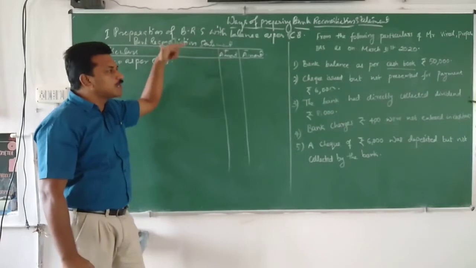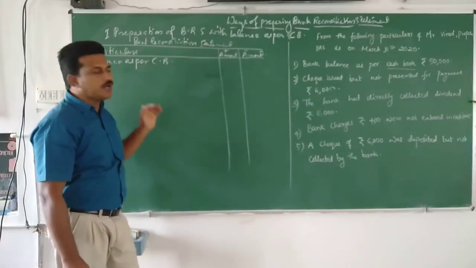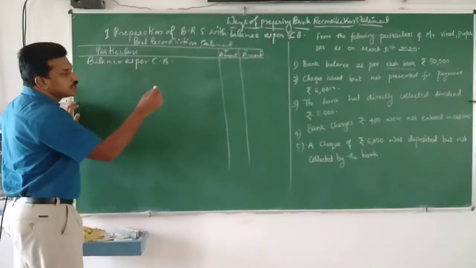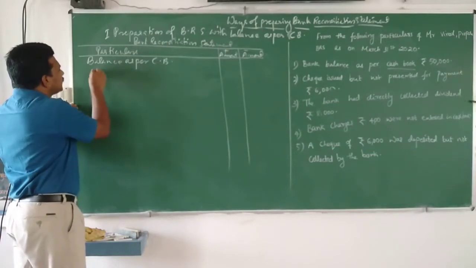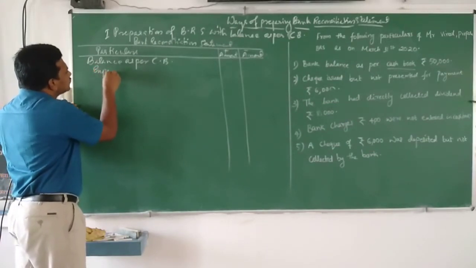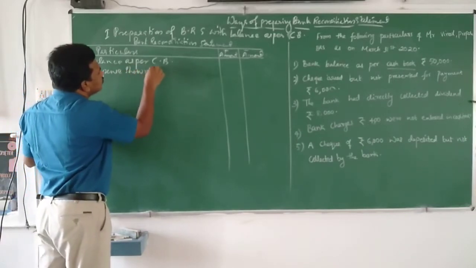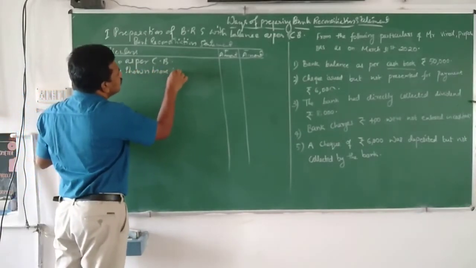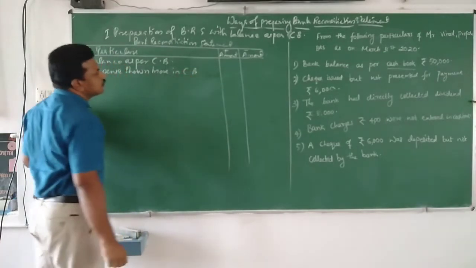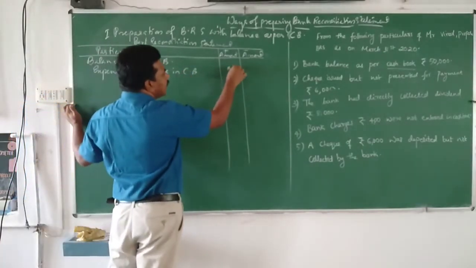So this balance we have to add. We have to add what? Expense. So we can write expense shown more in cash book. What to do? It can be added.